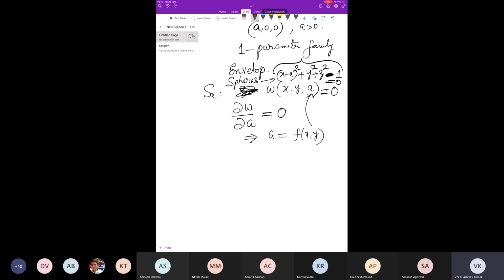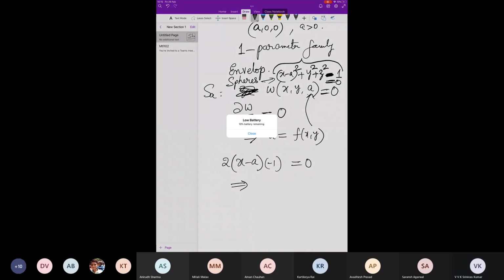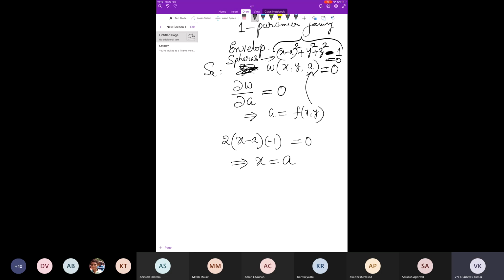In this example, what is dw by da? That is equal to twice x minus a into minus 1, because we are differentiating with respect to a, and this is equal to 0. This implies x is equal to a. Now when you substitute x equal to a in the first equation, what you get is y square plus z square is equal to 1.